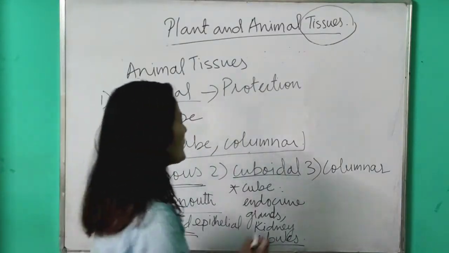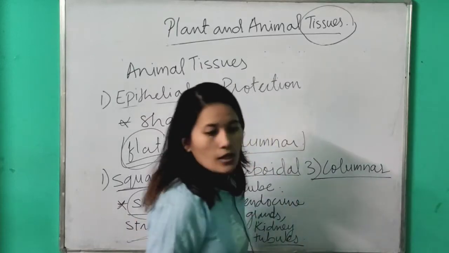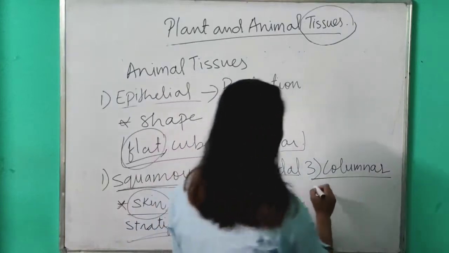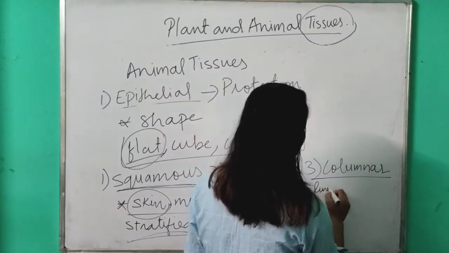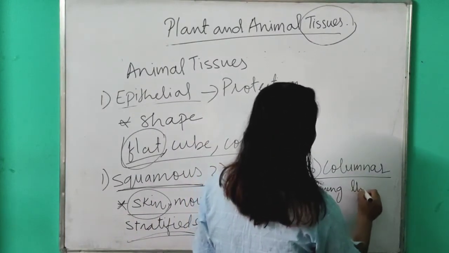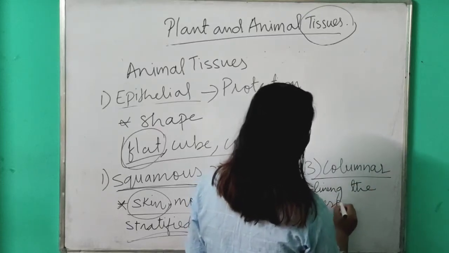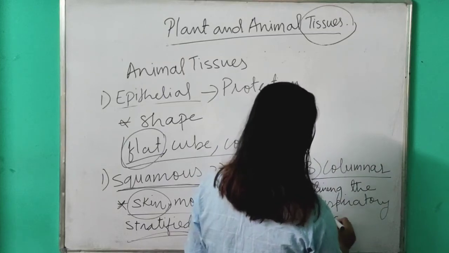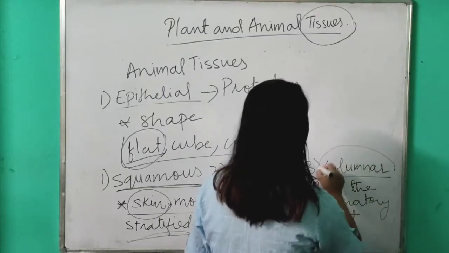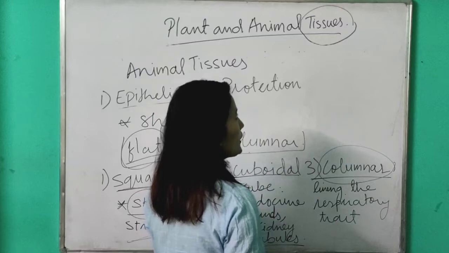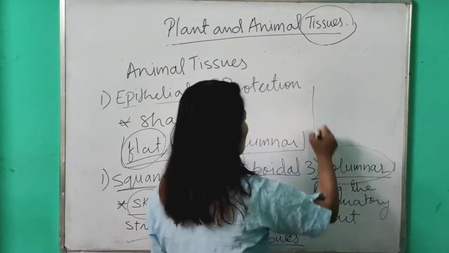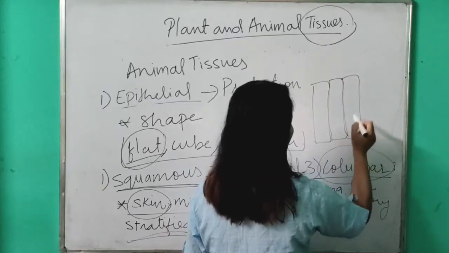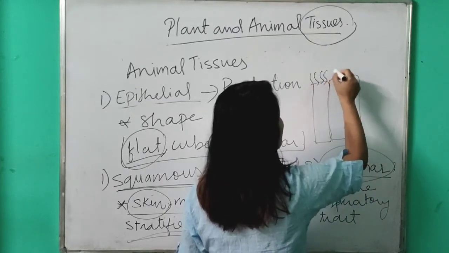Now coming to the columnar epithelial. Now where are these columnar epithelial present? They are present lining the respiratory tract. Now some of these columnar epithelial, if you look at the diagram that's given in the book also, I'm just drawing a rough diagram. If it is a columnar epithelial, some of them have cilia.